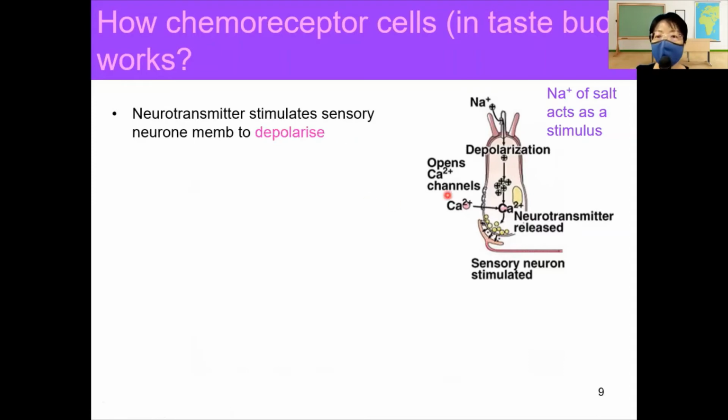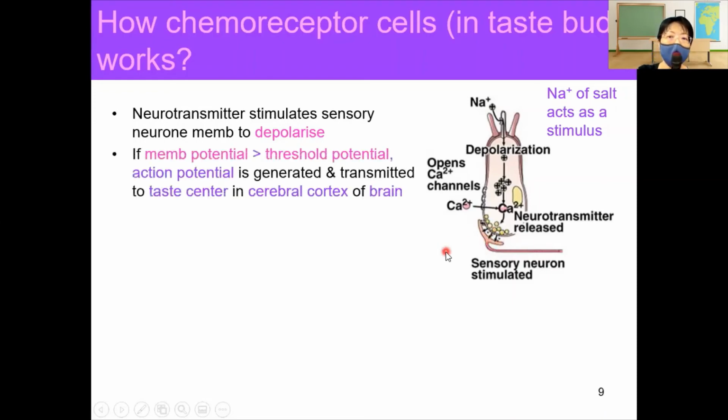Okay, so the neurotransmitter that's released here into the tissue fluid surrounding the cell will diffuse to the nearby sensory neuron. So this is a sensory neuron near the receptor. When it diffuses across, the neuron membrane will start to depolarize.